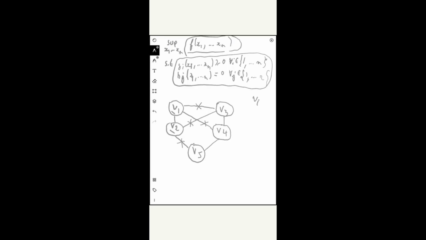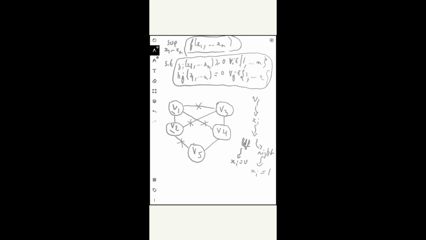We say xi equals 0 if vi is in the left, so a black ball in our case, and if it is in the right, xi is equal to 1.